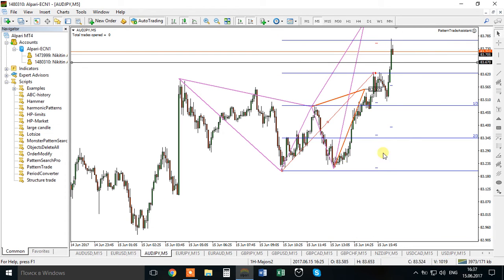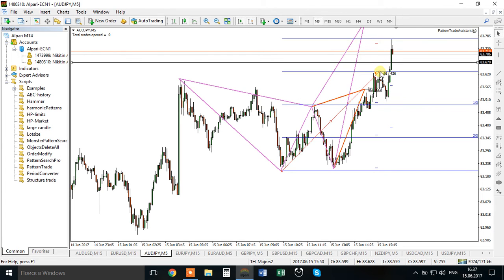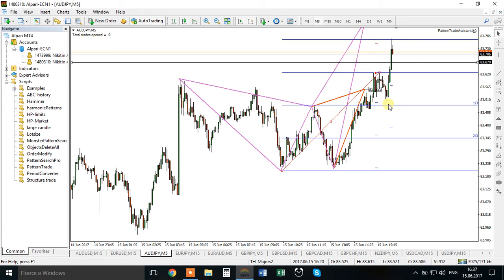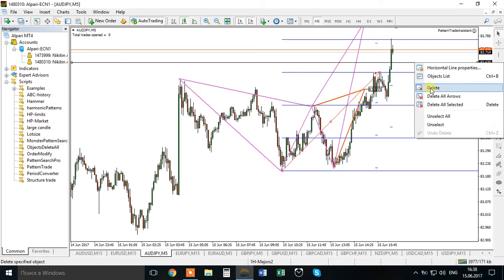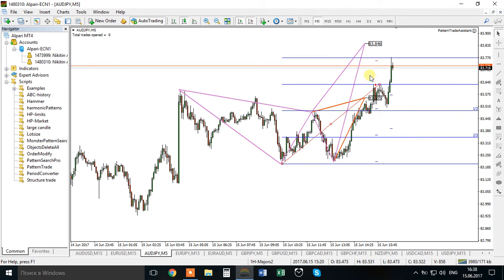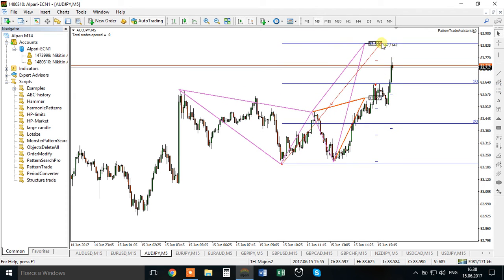Okay, Australian. The same here, we hit stop loss. This was my level, this was my adjusted target, and price never came to hit that target level. So the only thing left for me is this crab pattern.